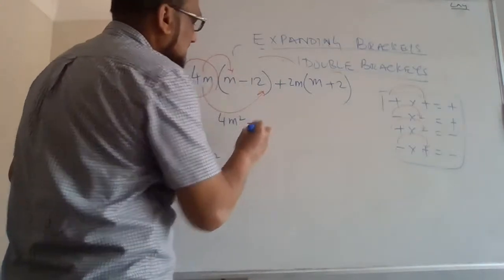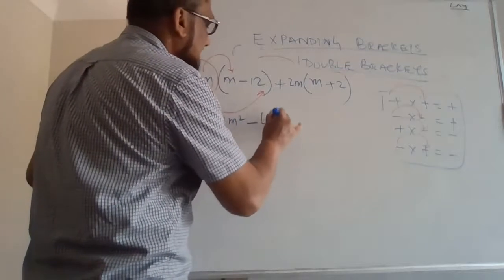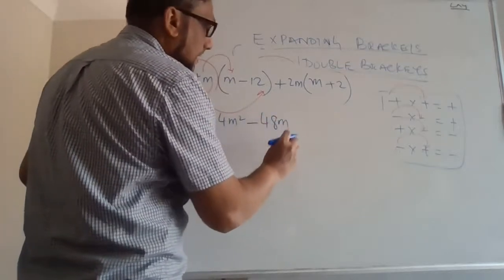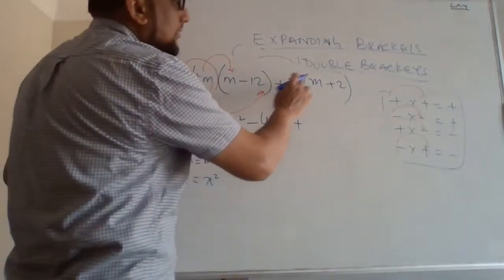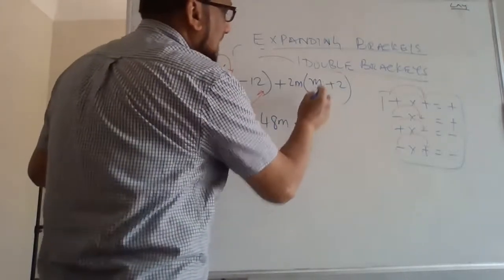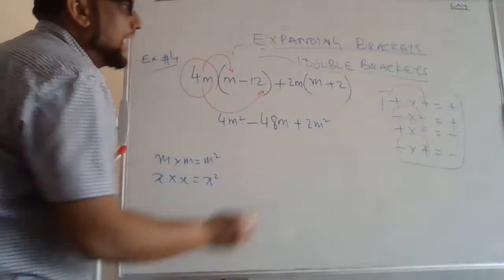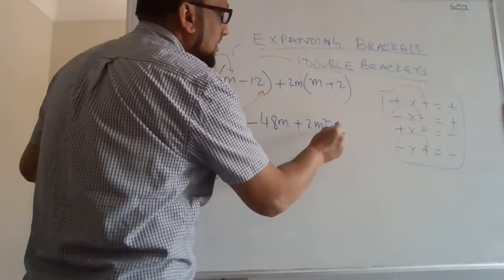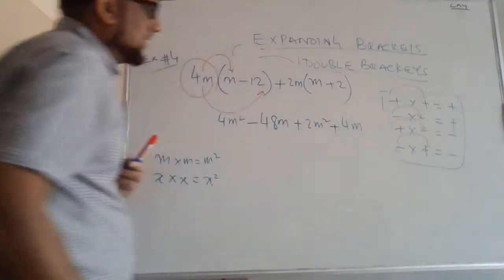So plus minus is minus, and 4 times 12 is 48m. And now plus 2m times m is m squared, so 2m squared, and 2m times 2 is 4m.